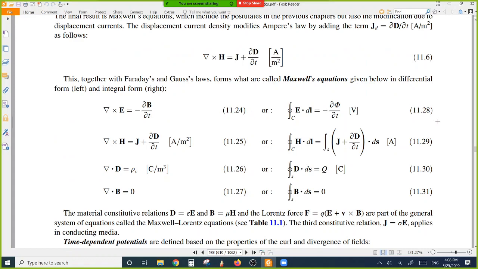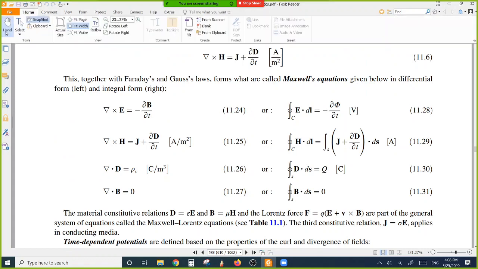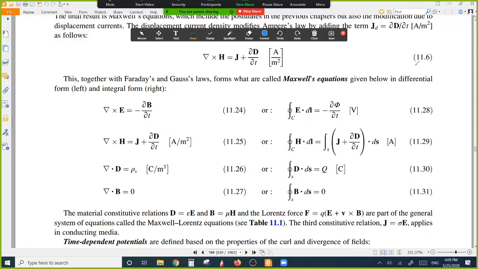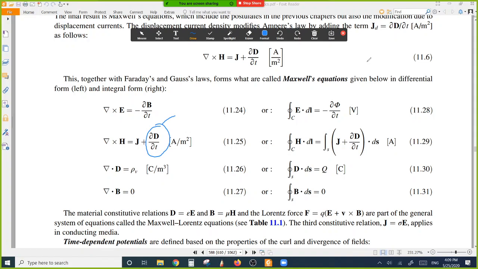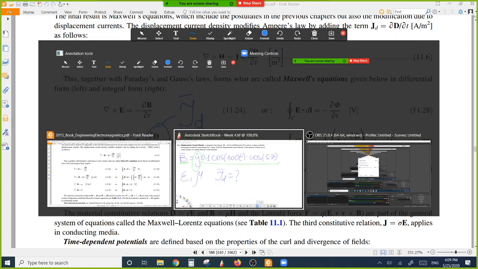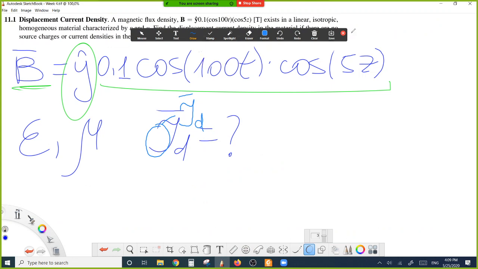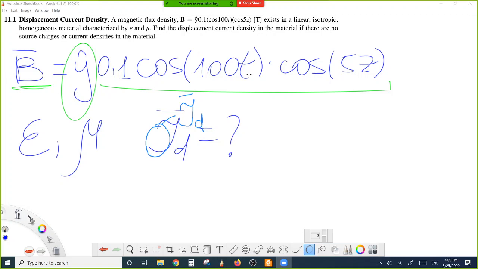Here are Maxwell's equations, and from the definitions we know that the time derivative of electric flux density D is equal to the displacement current density JD.